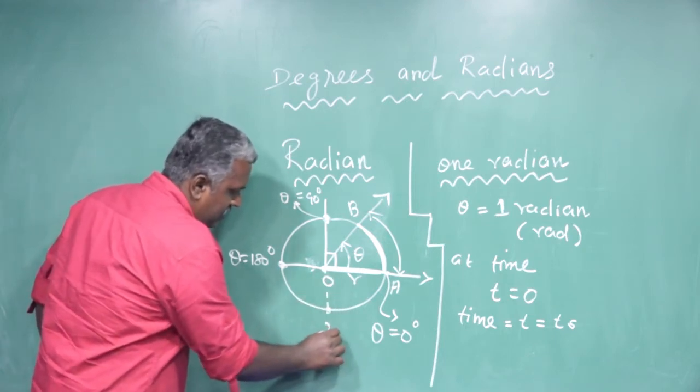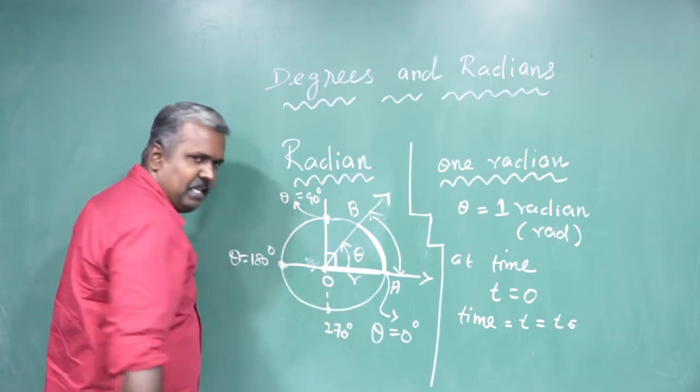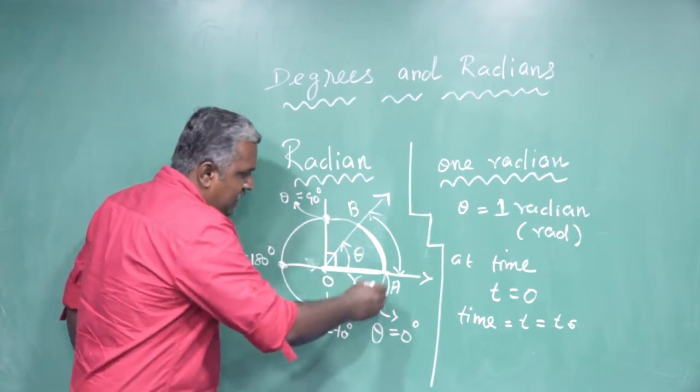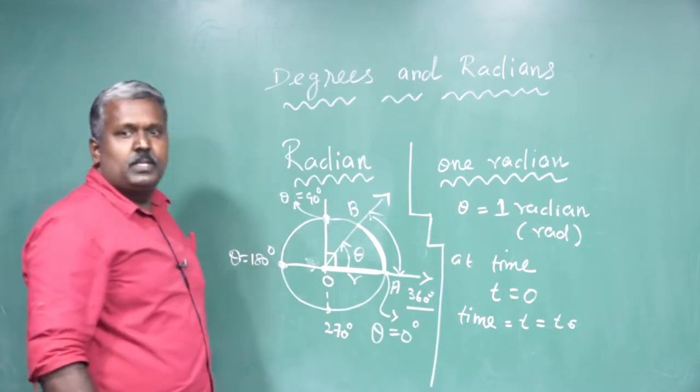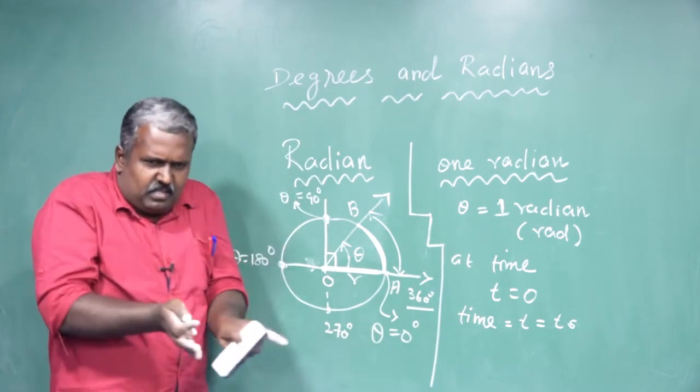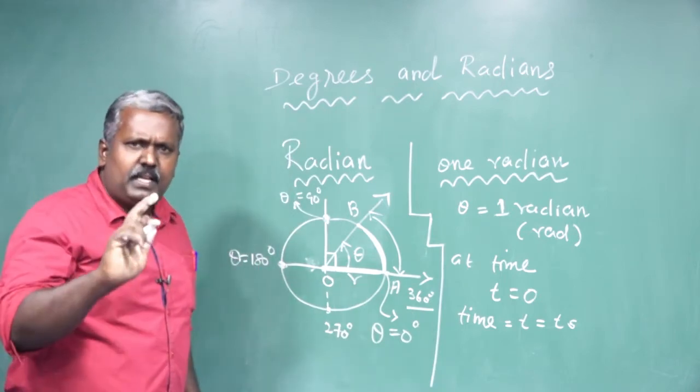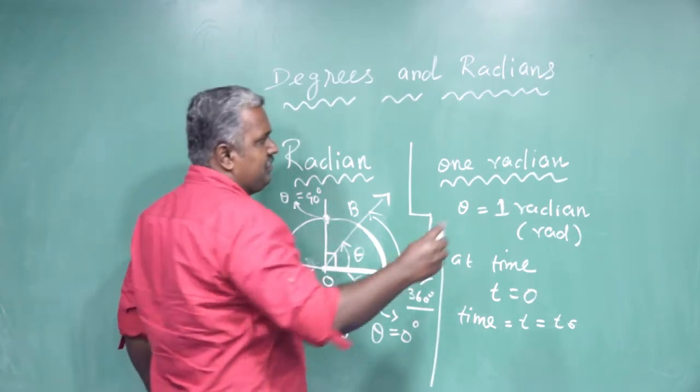At this point, 270 degree. At the same time here, 360 degree. That's all. So for one complete circle, theta will be 360 degree.